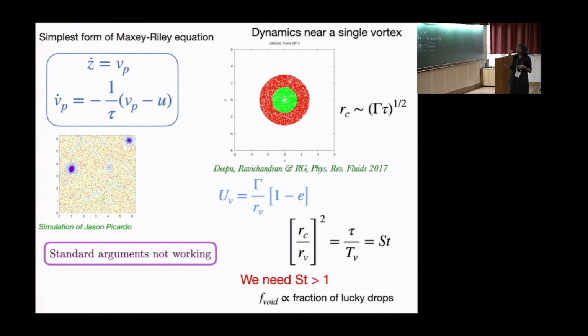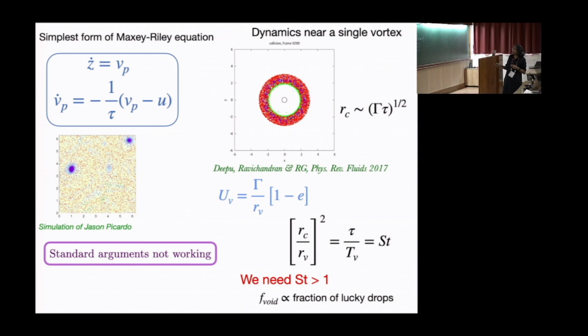So we are now going to look at the dynamics near these single very powerful vortices and see whether that can create enough seed. You see that there is always a void created near these single powerful vortices, and this void volume goes as some circulation of the vortex times the particle time scale to the half. So we can estimate the void area in 2 dimensions, and then we know the Lamb-Oseen vortex.